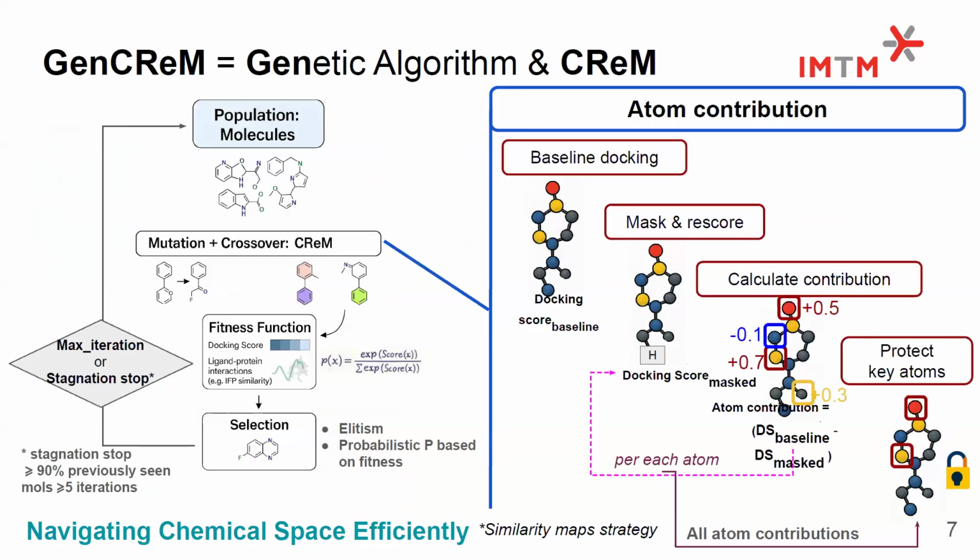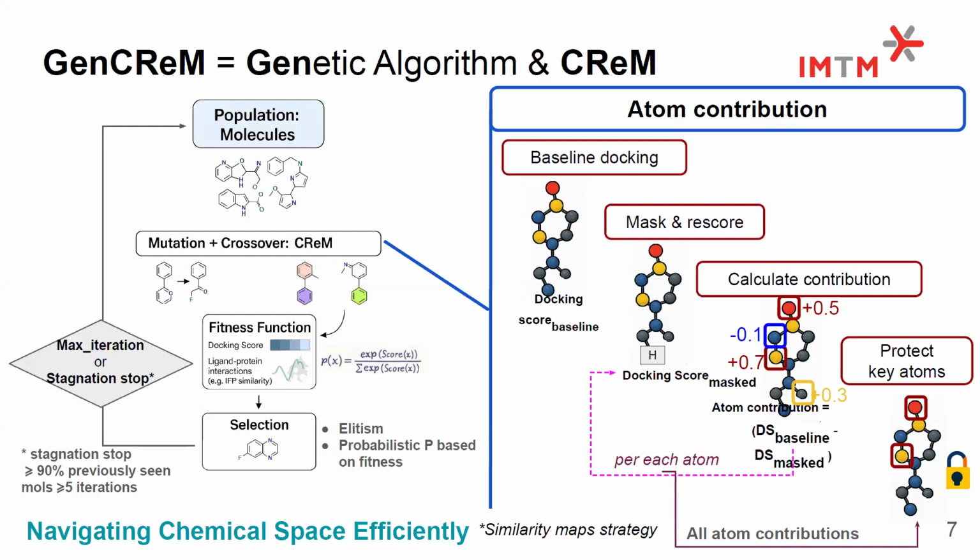As for the genetic algorithm, it is an optimization method inspired by biological evolution, so we use terms such as population, mutation, crossover. In our case, the population is RDKit molecules. The size of the population can be varied; it's a preset parameter.